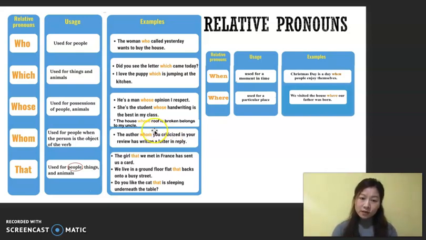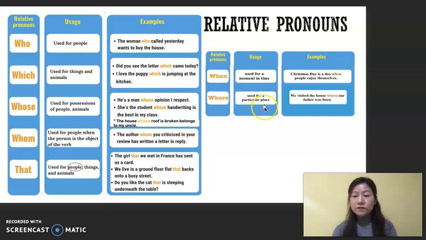So here the author is the object of your criticism, so you use whom here. And that is used for people, things, and animals. Compared with which, which you can use for things and animals, that you can also use for people. The girl that we met in France has sent us a card.